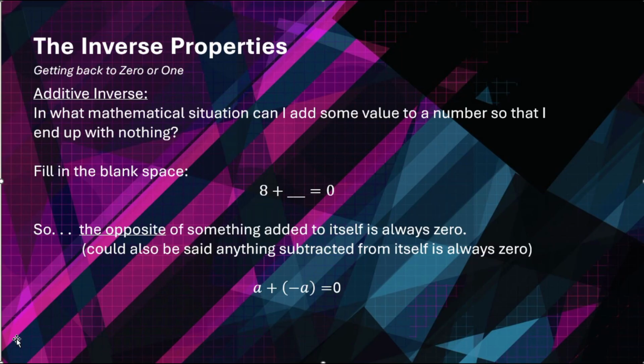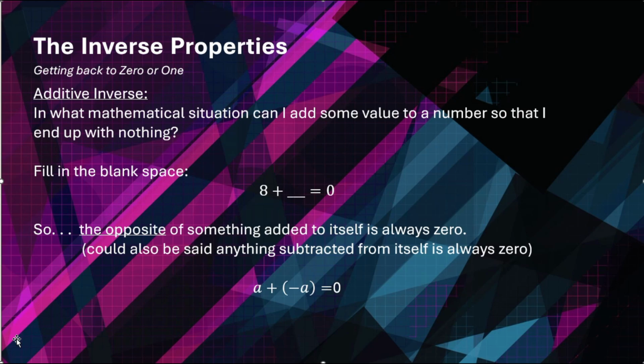Your brain wants to say, I'm not adding. I need to take away. I need to subtract. And you're absolutely right. But remember, adding a negative number is the same as subtracting. Okay. So, whereas you might have subtracted 8, you can also add negative 8.